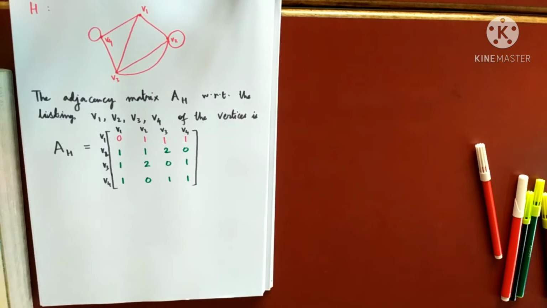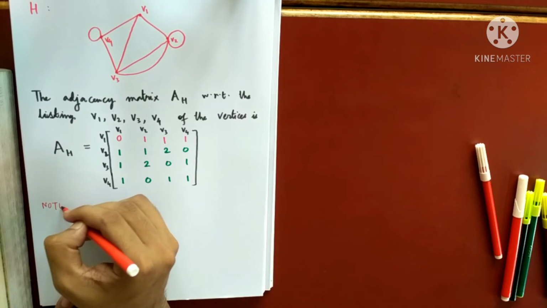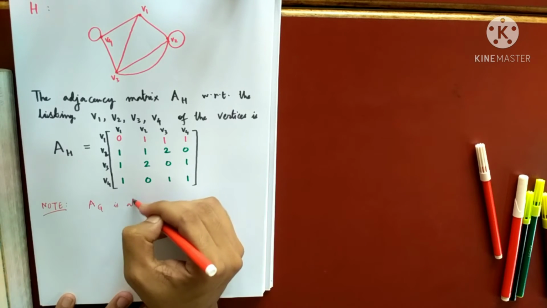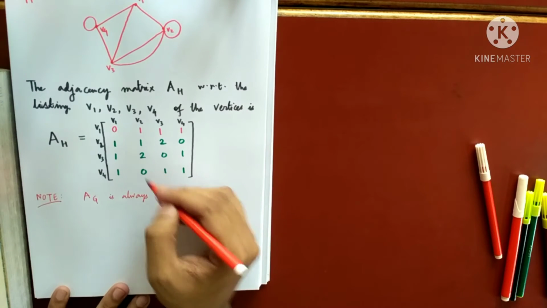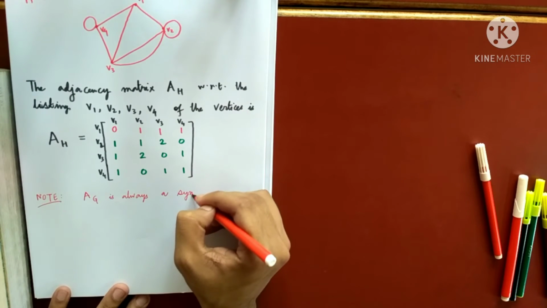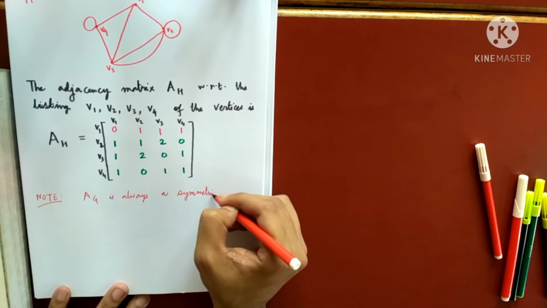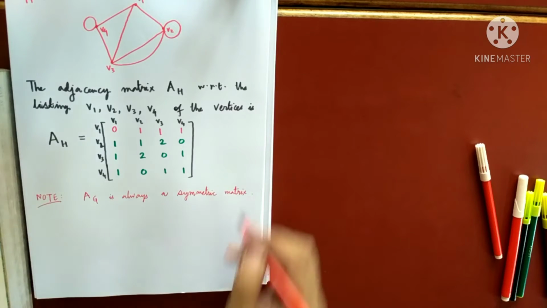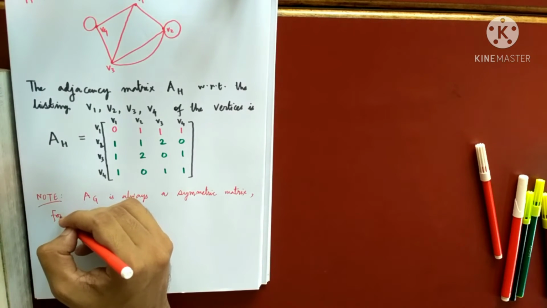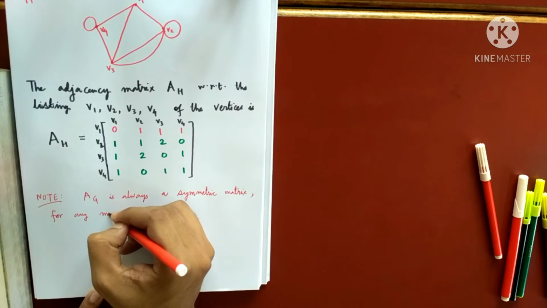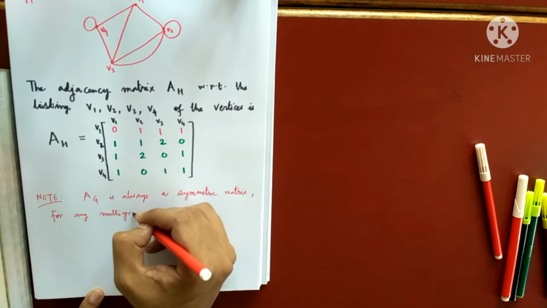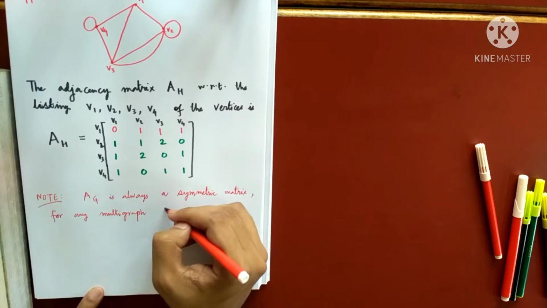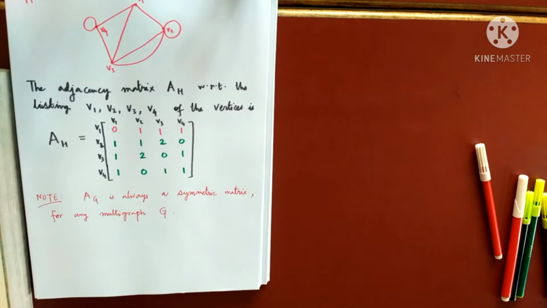So note, A_G is always a symmetric matrix for any multigraph or simple graph G. Multigraph, if it is true for multigraph, it will be true for simple graph also. For any multigraph G. Okay.